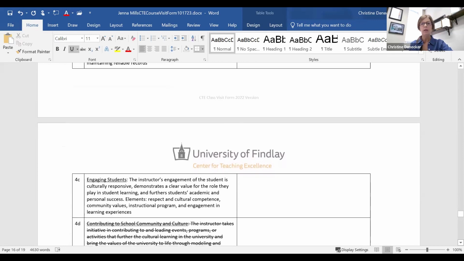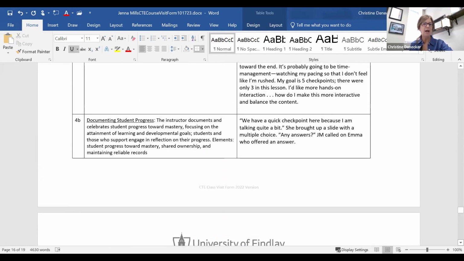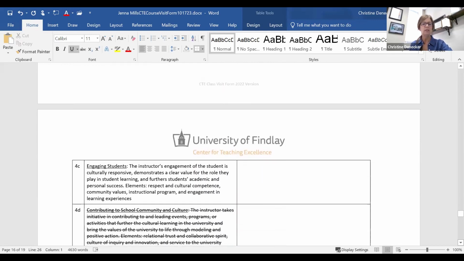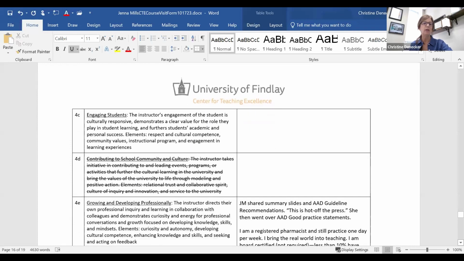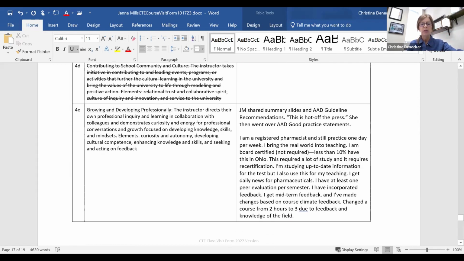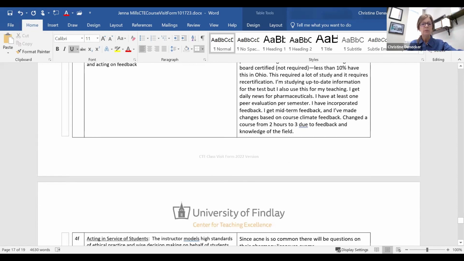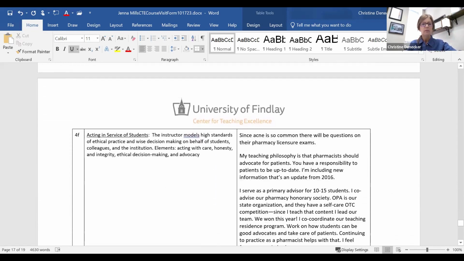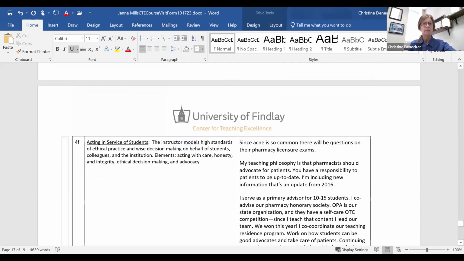I agree. And it wasn't that the students were off task. They were definitely listening and taking notes, but how can they be more engaged in a demonstrative way in their learning in the classroom? I think that's a small adjustment. There's plenty of evidence for 4E and lots of 4F.